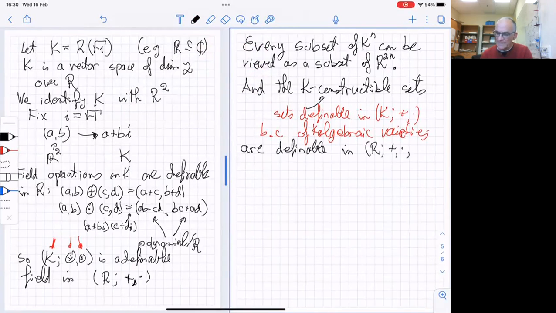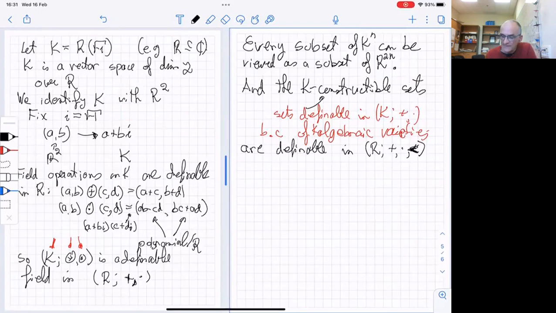And I will sometimes forget to write the ordering. The ordering is always definable in the field itself, so even if I don't write it, it's there. I'm only mostly interested in questions about definability, so I don't care so much if you use quantifiers or not. But in fact, these are algebraic varieties in K, algebraic varieties in R. You don't need semi-algebraic. You don't need the ordering for that.